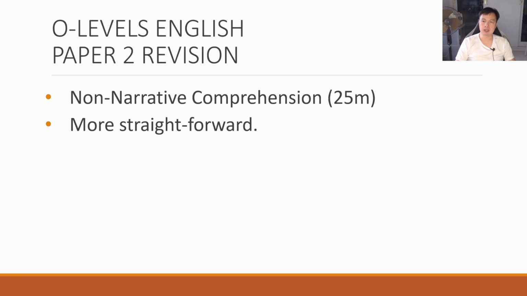So it could be based on facts, it could be based on certain methods, right? Certain processes, certain advantages, disadvantages, and so on, right? And a lot of these questions are info transfer with some language questions, right? So most students tend to do better for the non-narrative comprehension.